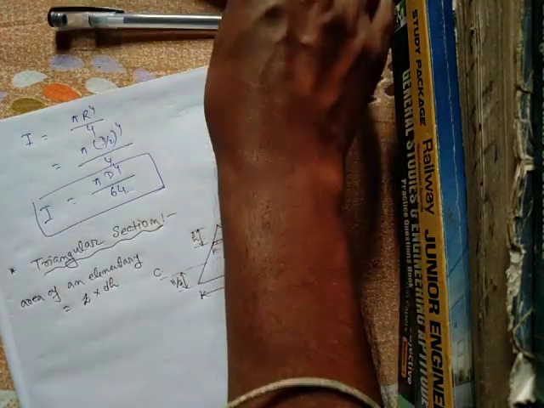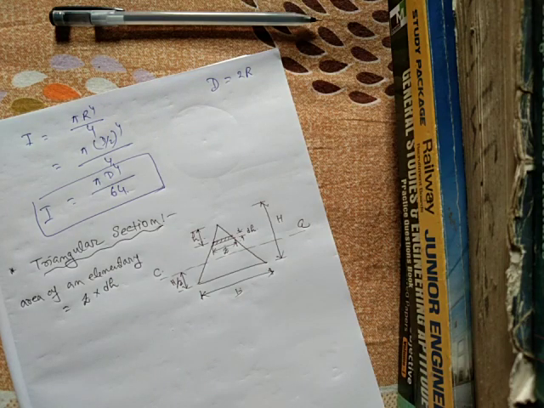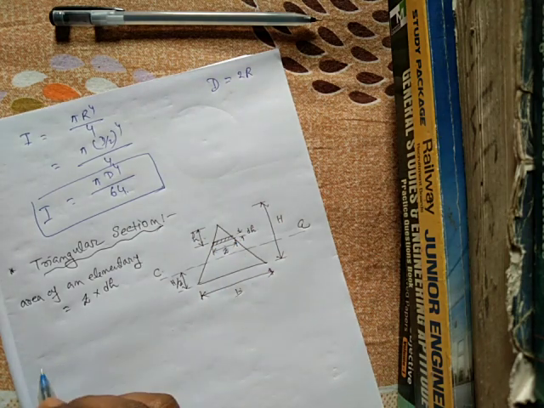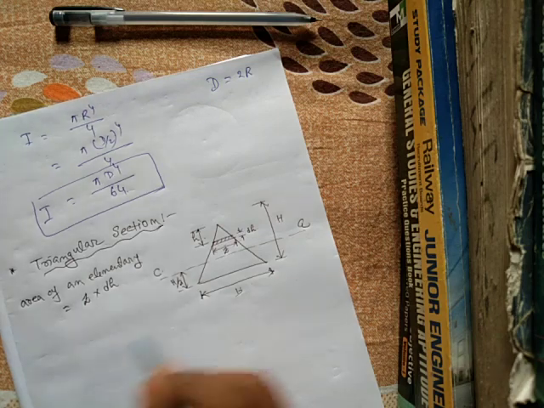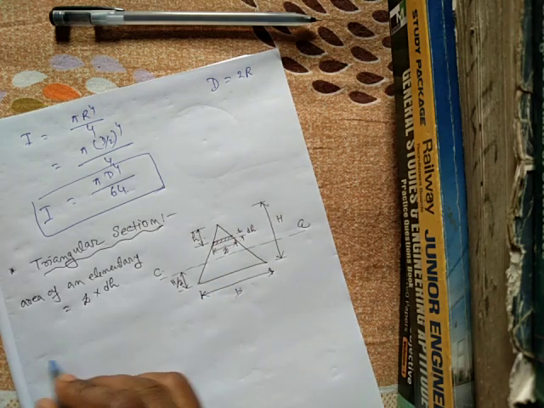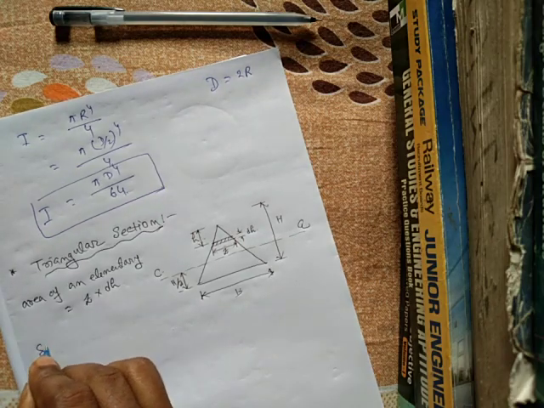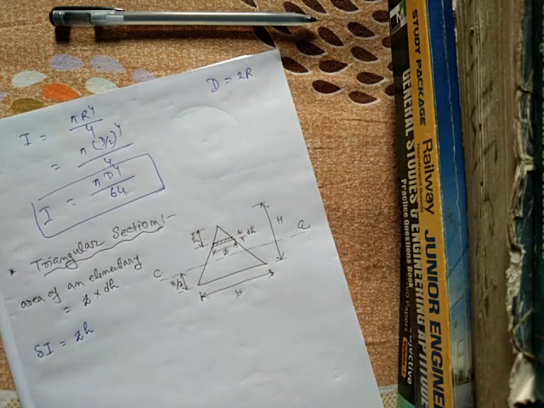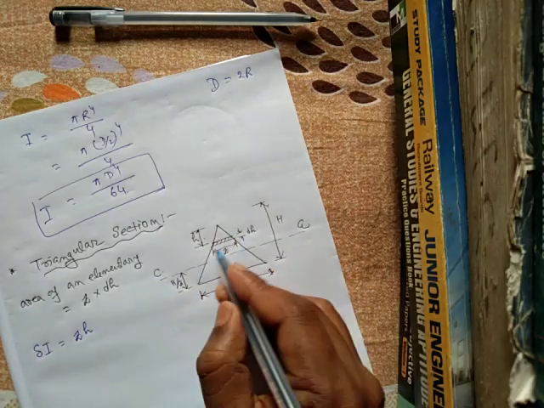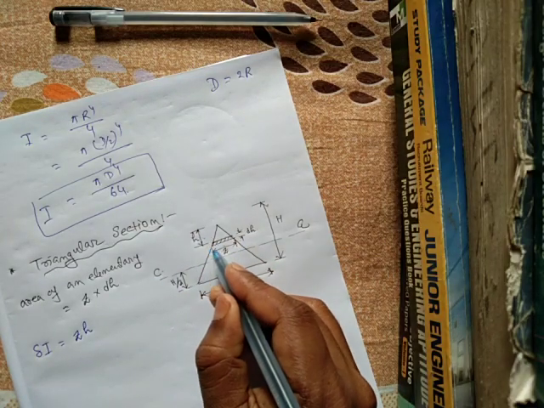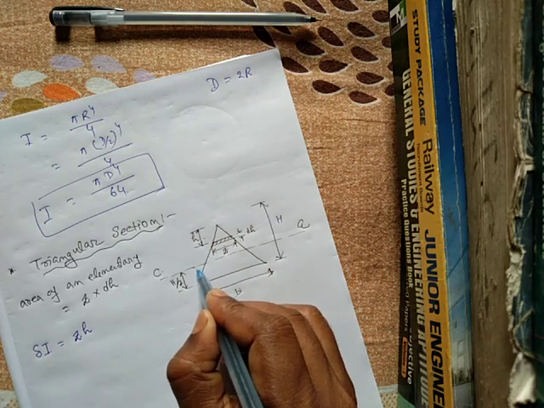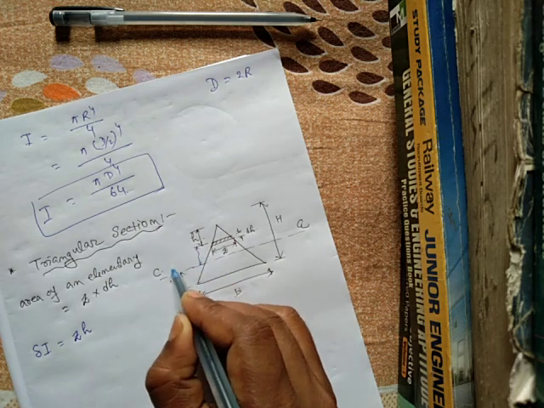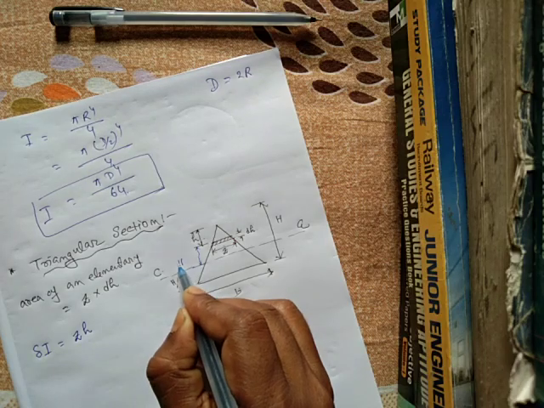Now the moment of inertia of the elementary strip about the base is dI equals area z into dh, into the perpendicular distance squared. What is the perpendicular distance from the neutral axis? This distance will be H minus h.